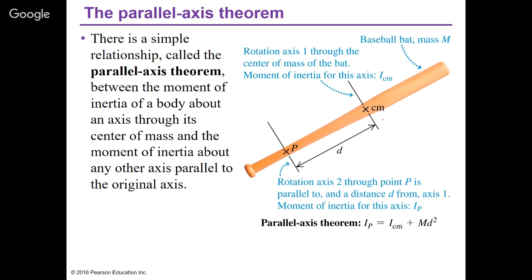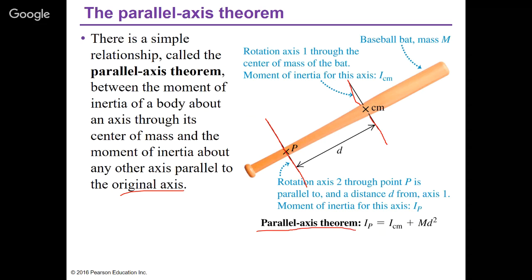And basically, this theorem gives you the relation between the moment of inertia of a body about an axis through its center of mass, and the moment of inertia about another axis that's parallel to the axis passing through the center of mass.